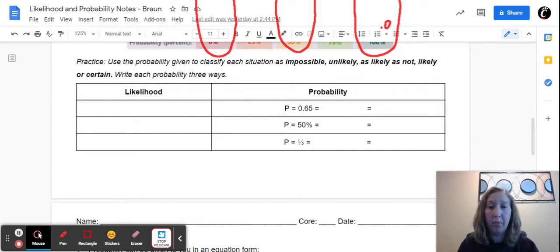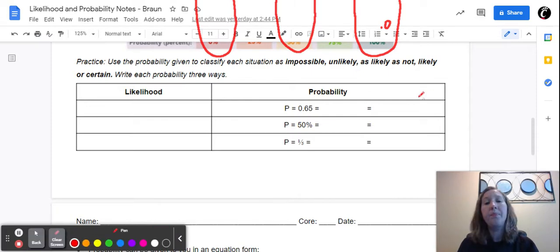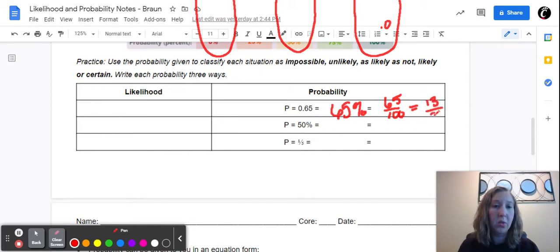So we have probability equals 0.65. So that's a decimal. If I write it as a percent, all I have to do is move it 2 decimal places to the right, or multiply by 100, which would give us 65%. And if I write that as a fraction, it's 65 hundredths over here, so we would write 65 over 100, or we could even simplify that further to be 13/20.